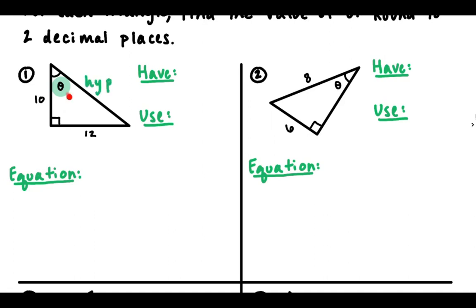Then we find our opposite, which is across from theta. So our opposite is 12. And that leaves 10 to be the adjacent. Okay, so the sides that we have are 12 and 10, which is the opposite side and the adjacent side.